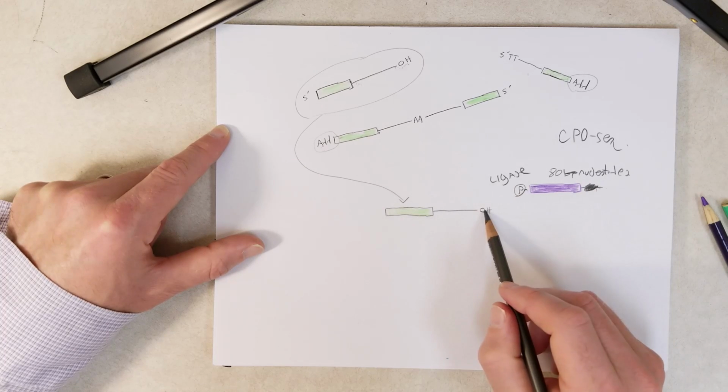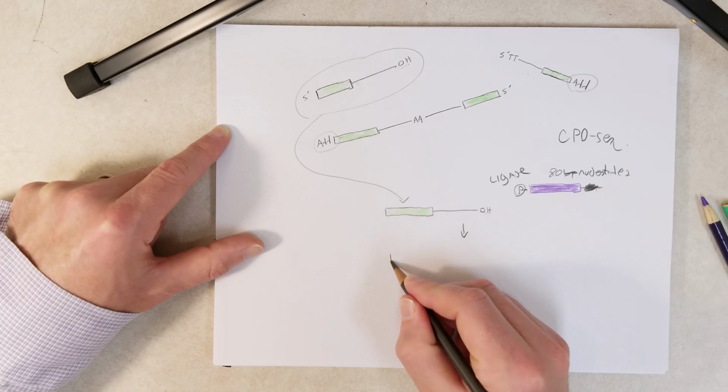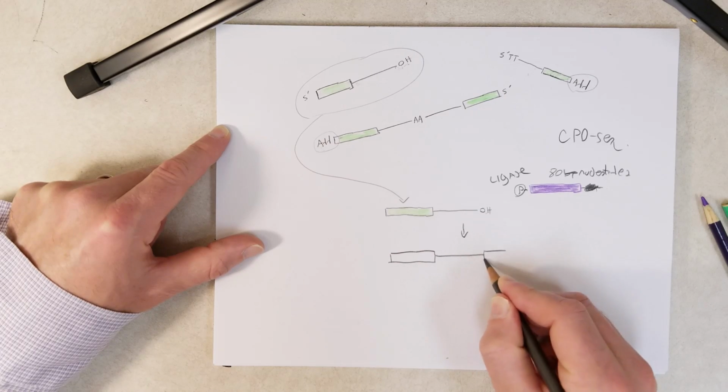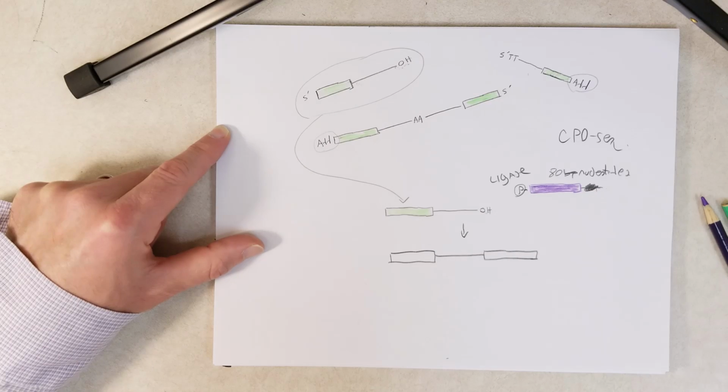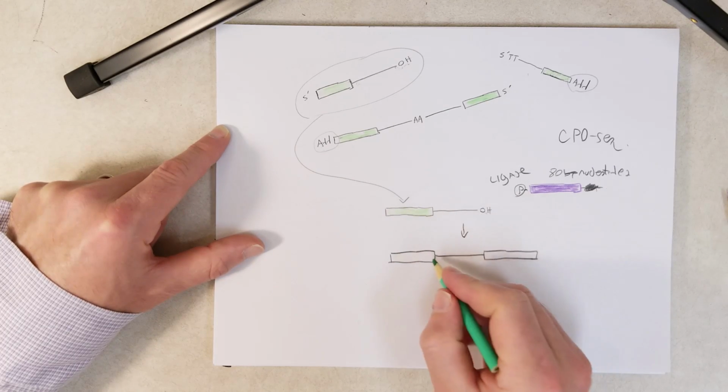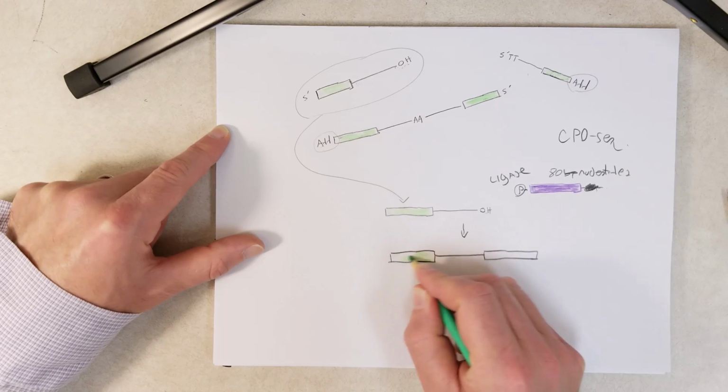So after that's ligated, all of these molecules with a 3' OH group are going to look something like this.